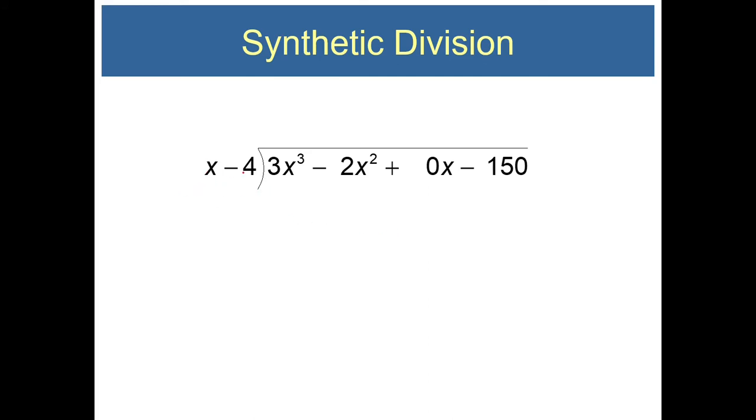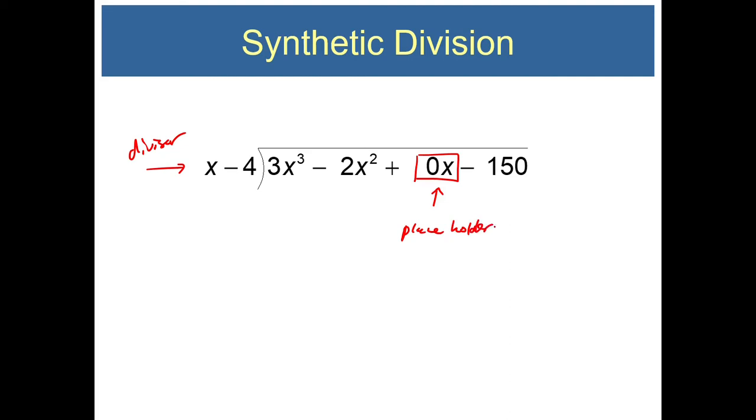I have x minus 4, which is my divisor. And we're going to divide that into 3x cubed minus 2x squared plus 0x minus 150. This 0x here is known as a placeholder.